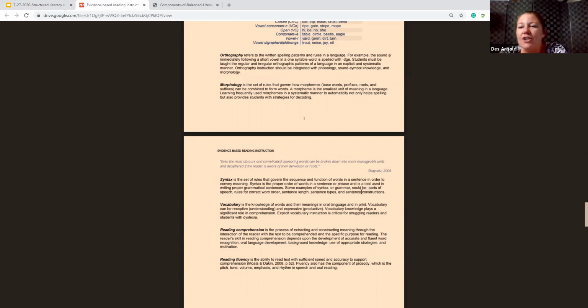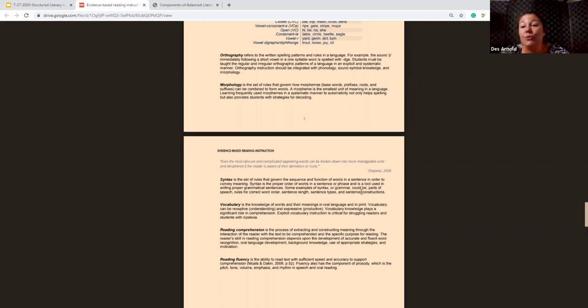I never completely understood morphology until I was in a training and somebody said, we were talking about spelling bees, and they said, why do they ask for the origin of the word in a spelling bee? And it's because through their morphology, when you know the origin of the word, you understand better how it might be spelled.